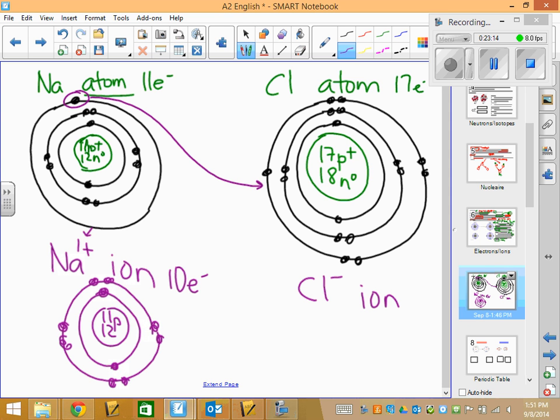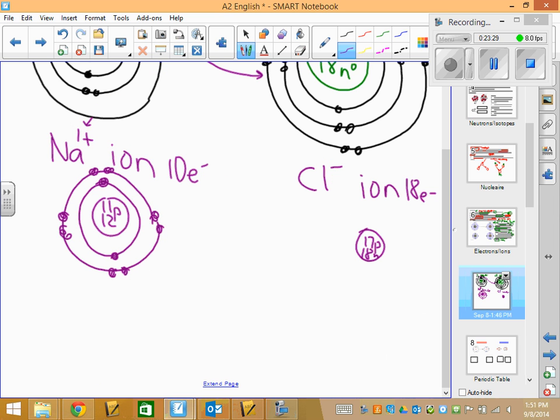For the chloride ion, if I were to count, I now would have 18 electrons, but I would still, in the nucleus, have 17 protons and 18 neutrons. Since in this case I have 17 positives, they will cancel out 17 of the negatives, but there would still be 1 extra negative left over.